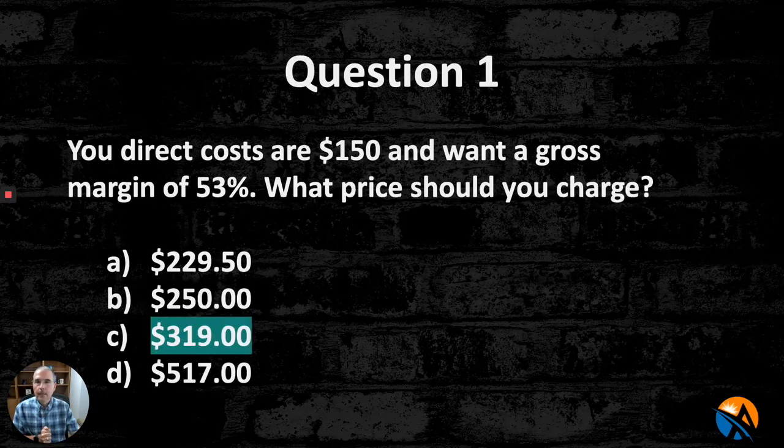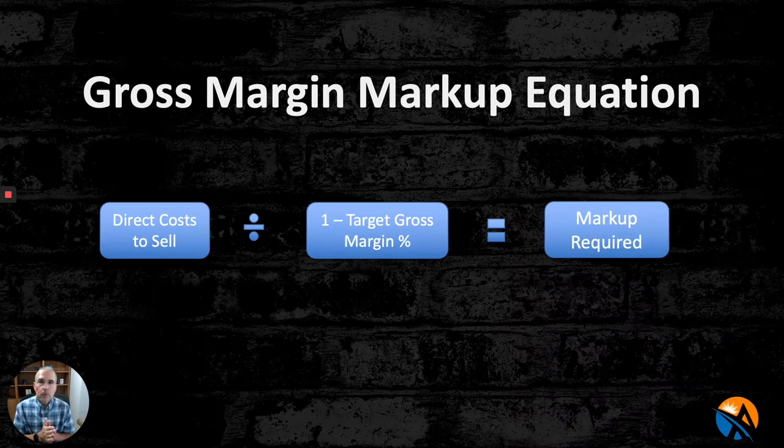Okay, question 1. You have a direct cost of $150 and you want a gross margin of 53%. What price should you charge? The answer is C, $319. The equation to calculate that $319 is your direct costs divided by 1 minus your target gross margin percentage, and that equals the price required.